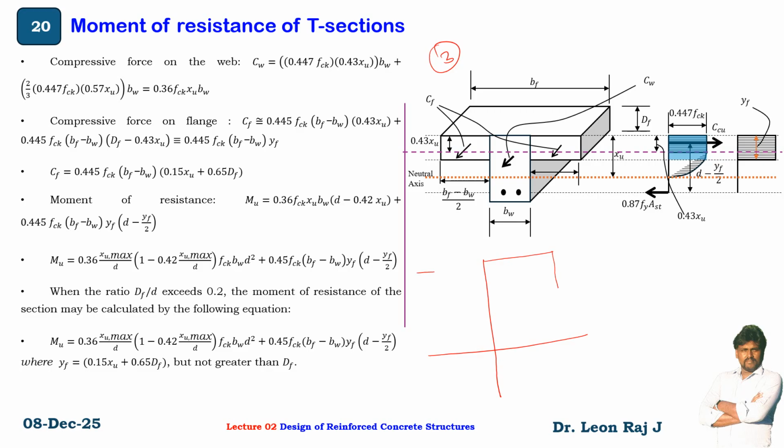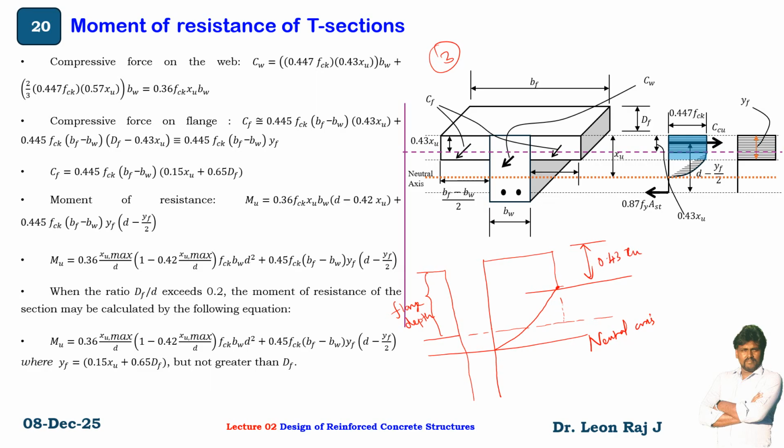If this is the beam, and this is your flange width, and this is the flange depth, and this is the neutral axis, and this is 0.43 Xu.